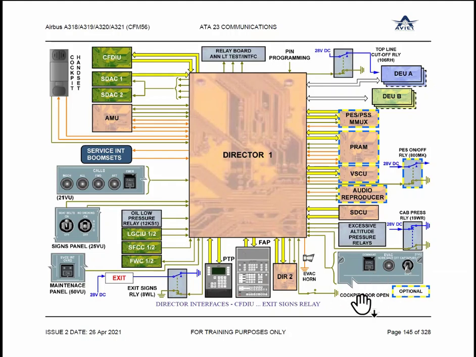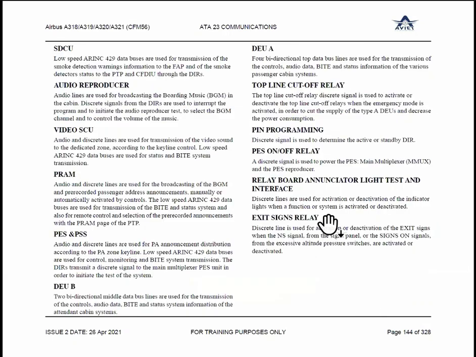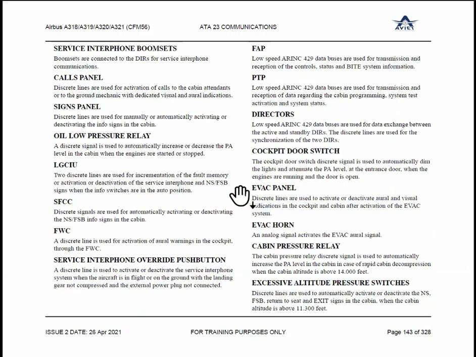If the cockpit door is open, read it here. The cockpit door switch discrete signal is used to automatically dim the light and attenuate the PA level at the entrance door, that is the L1 door, when the engines are running and the door is open. It means you are on the ground, engines are running and the cockpit door is open. So what happens?